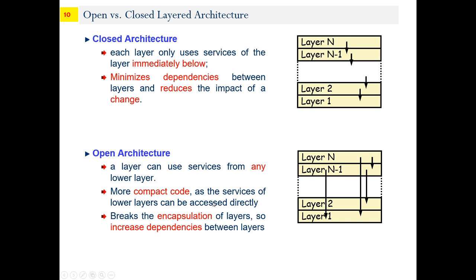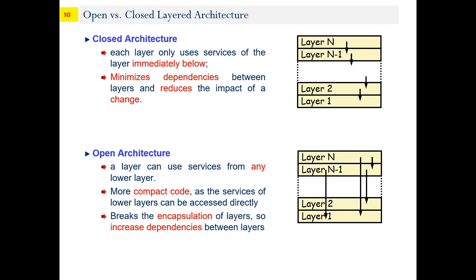The result is more compact code, but the biggest disappointment is that it breaks the encapsulation of layers, so it increases the dependencies between the layers. If you can afford and manage these dependencies, open architectures are being widely used, open architectures versus closed architectures.